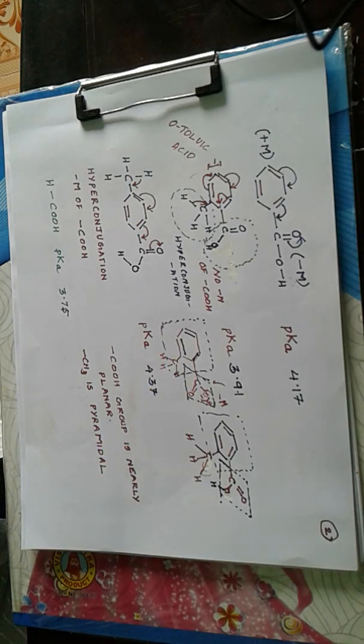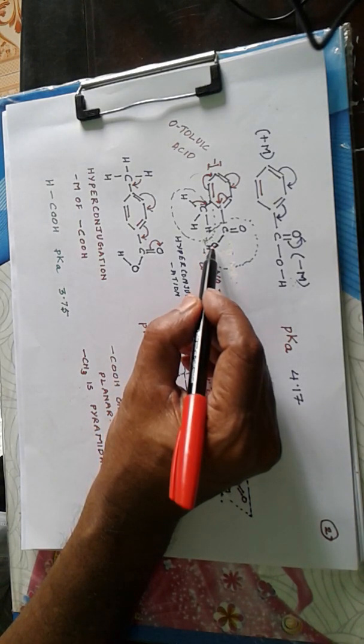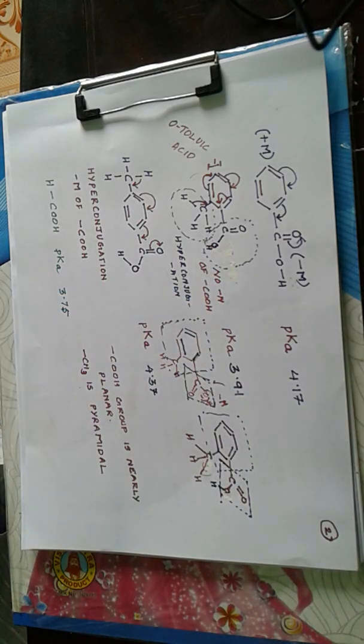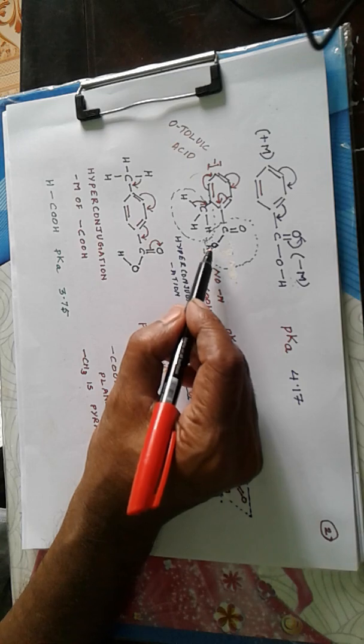makes the electron density of the oxygen atom in the OH group slightly higher than that in formic acid, so that this oxygen atom in orthotoluic acid will be slightly less electron attracting than the oxygen atom of formic acid.